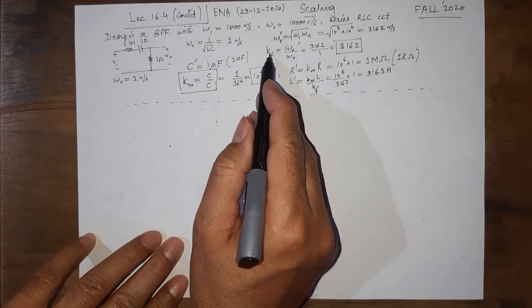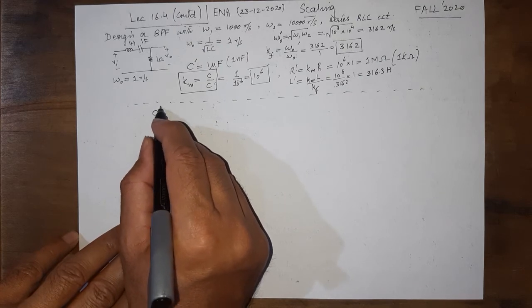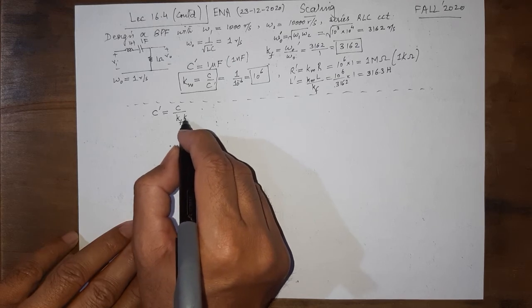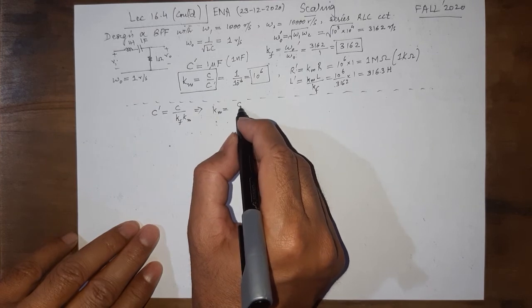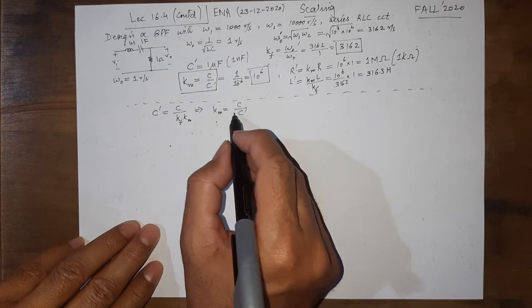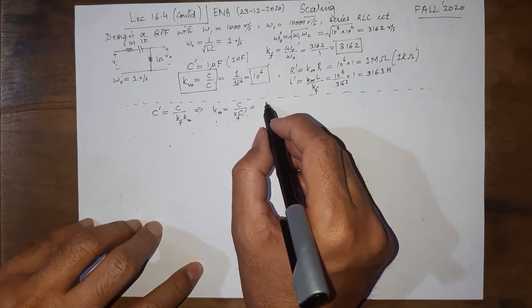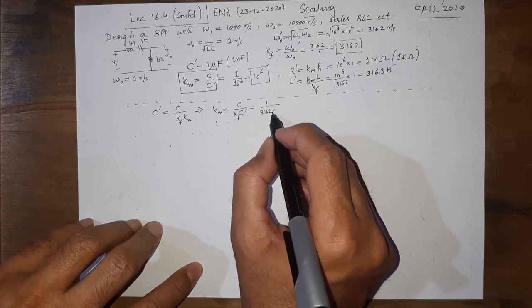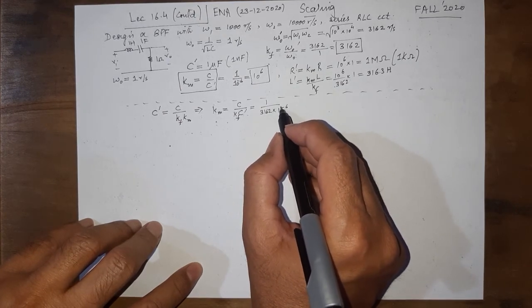We are dealing with both the Kf and Km, so Km is not only equal to this thing. Instead, remember the new C is equal to the old C divided by Kf Km, which is going to give us Km is equal to C over C dash, and we have a Kf here as well. So whatever was the old value, which is 1, Kf is 3162, and then C dash is 10 to the power minus 6.